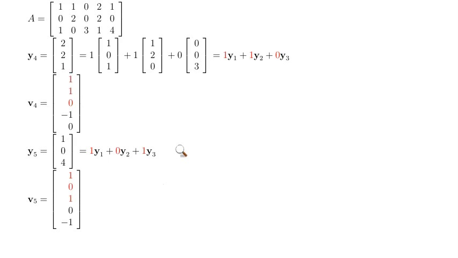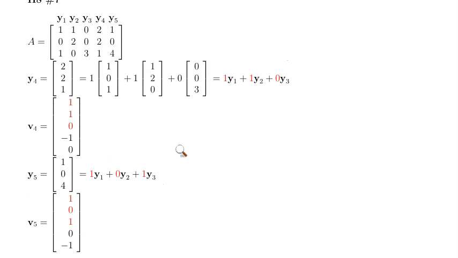This is the way you construct V4 and V5. And this problem will show that V4 and V5 will be the basis vectors for the null space, or maybe a kernel. All right, that's it. I hope that this was clear.